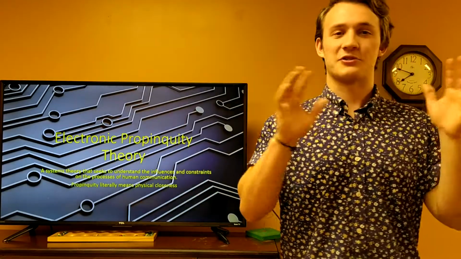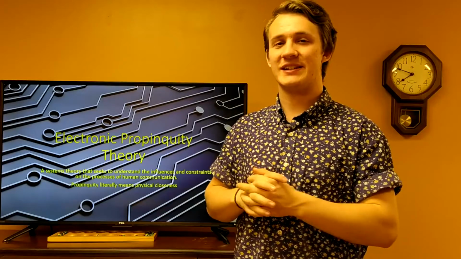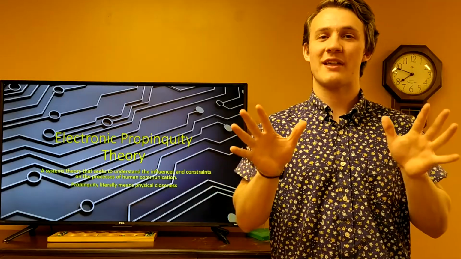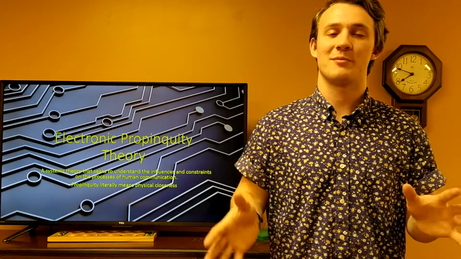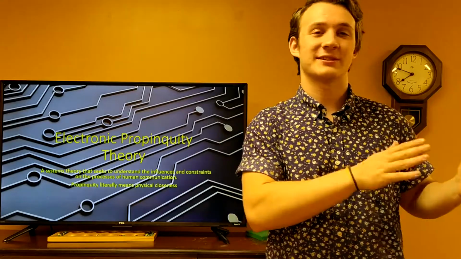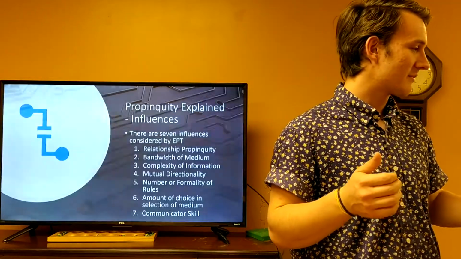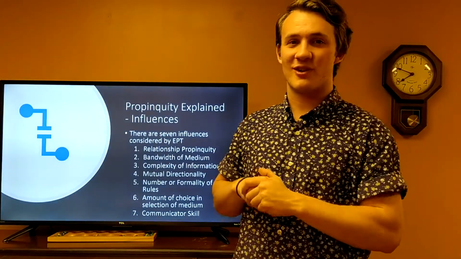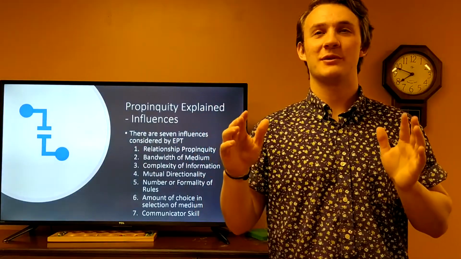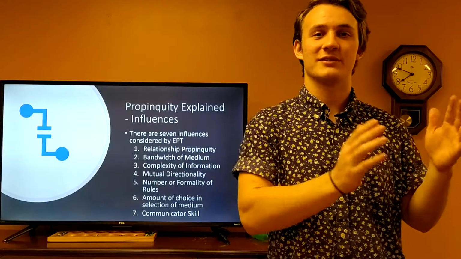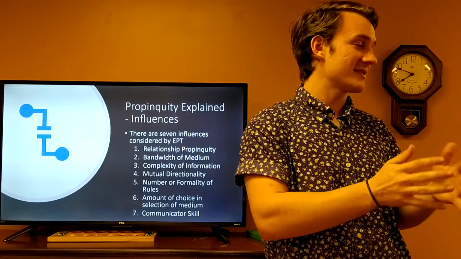So electronic propinquity theory, or EPT, gives us 7 influences on that perceived closeness or propinquity. And it also gives us 6 propositions out of those 7 influences. So let's talk about those. Those 7 influences are these: number 1, relationship propinquity, which is that prior history, that previous relationship experience.